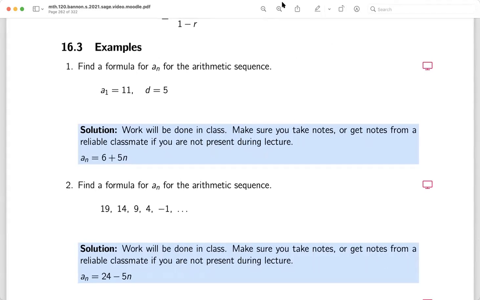Give me 1 second, and I'm going to go to the whiteboard. I've got to get my cable and plug in, and then we'll start doing the problems.